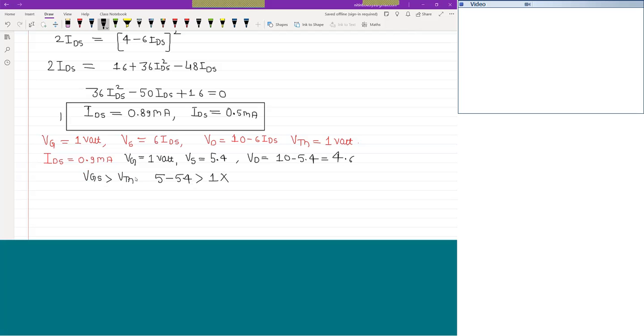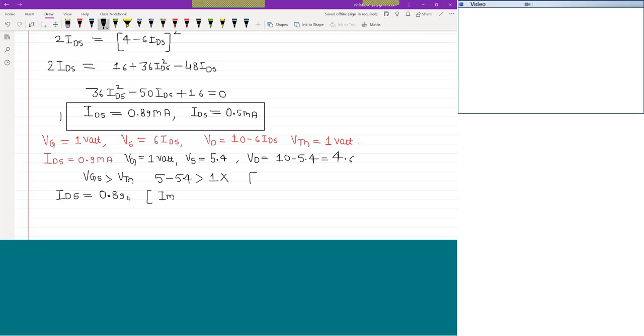So this case cannot work, because can I comment that IDS equal to 0.89 brings the transistor into cutoff? This is an impossible result.